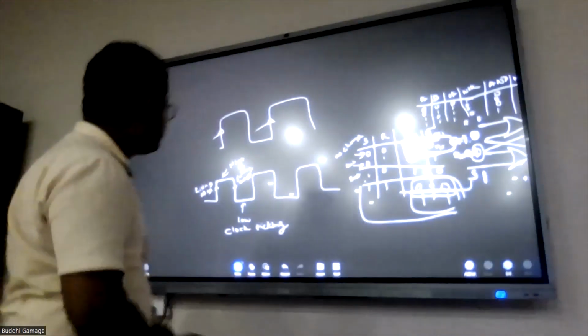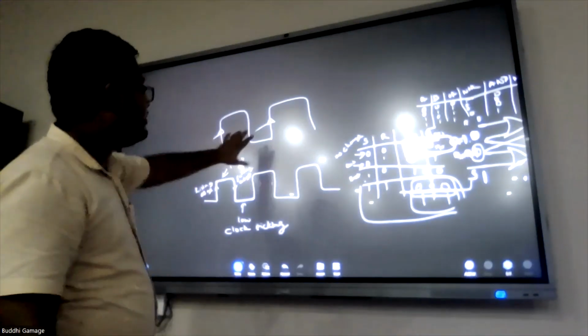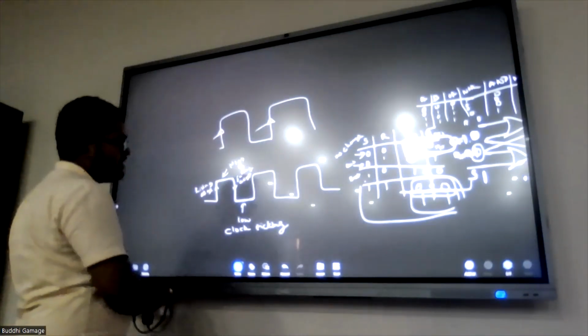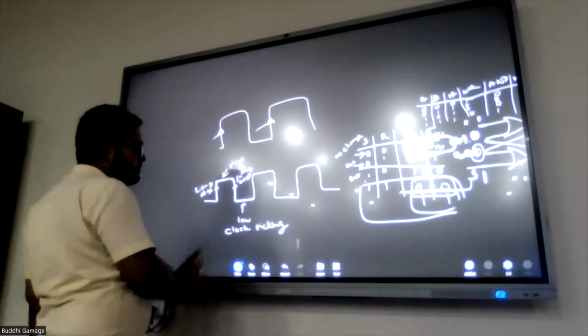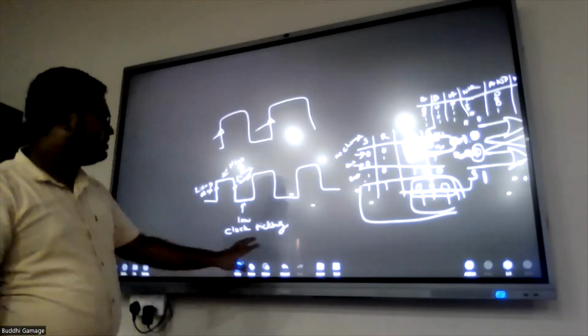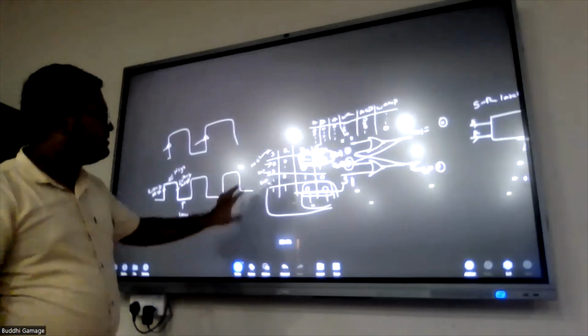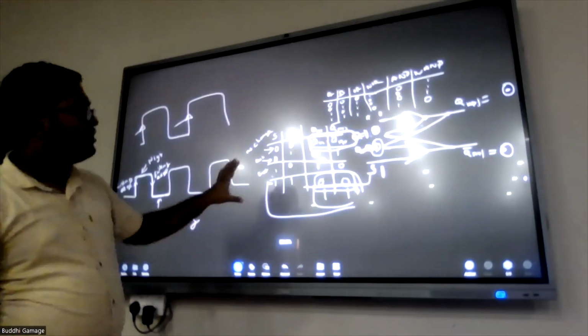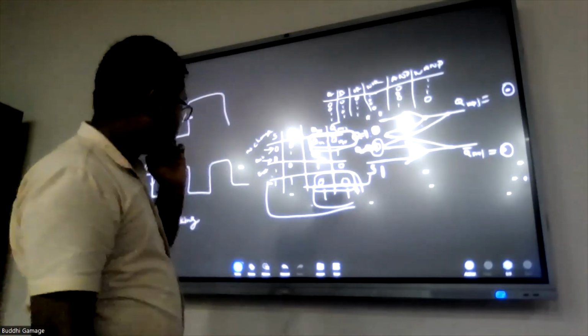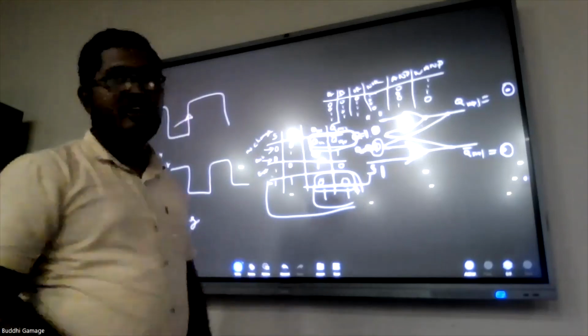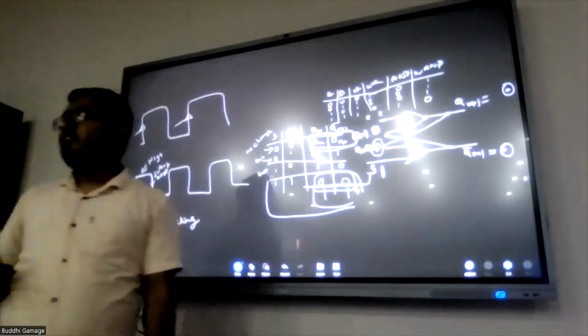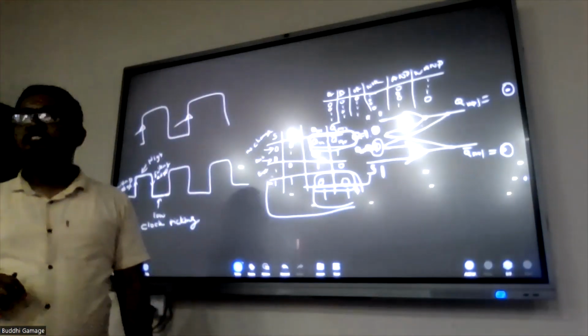The clock tick will only occur where there is a rising edge, right? So what that means is when there is a clock tick, only then is this output going to change. So now we actually have three inputs: set, reset, and the clock tick.